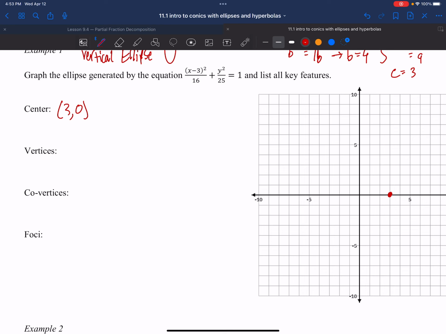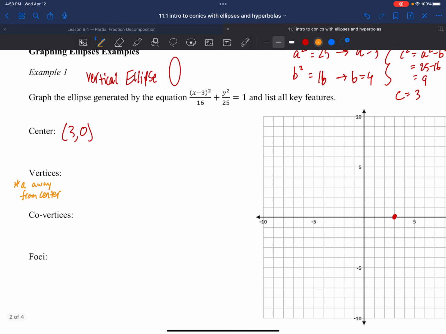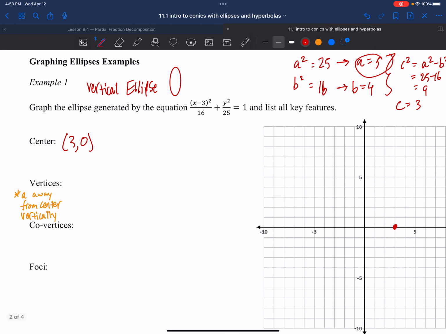Where are they? My vertices? Well, my vertices, you remember, they are away from center. And since it's a vertical ellipse, we're going to say vertically. So A is 5, I see over here, right?